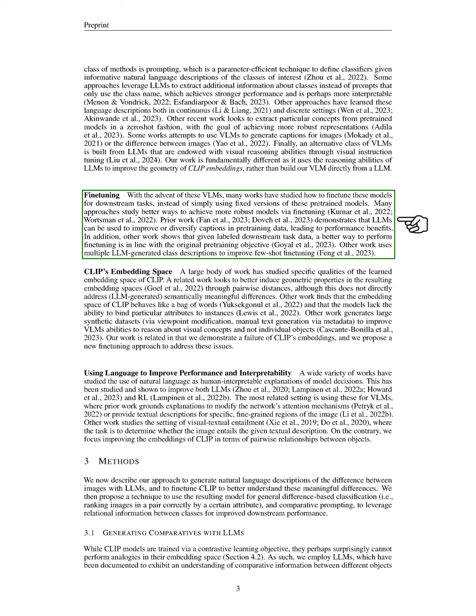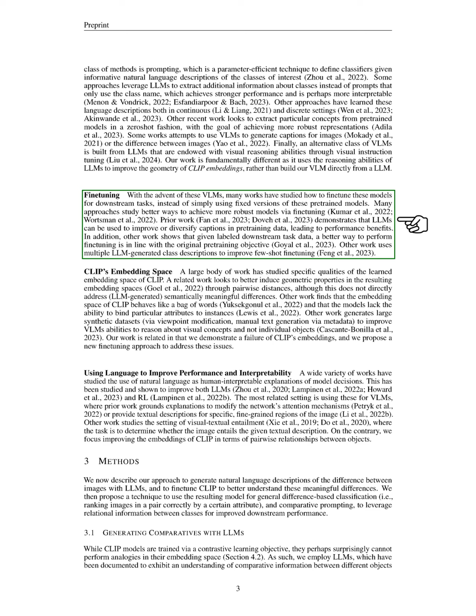Section: Fine-tuning. In this section, we explore how to fine-tune vision language models, VLMs, for specific tasks rather than relying on fixed pre-trained versions. We note that various studies have shown that fine-tuning can enhance model robustness. Previous research indicates that large language models, LLMs, can improve or diversify captions in pre-training data, which can lead to better performance.